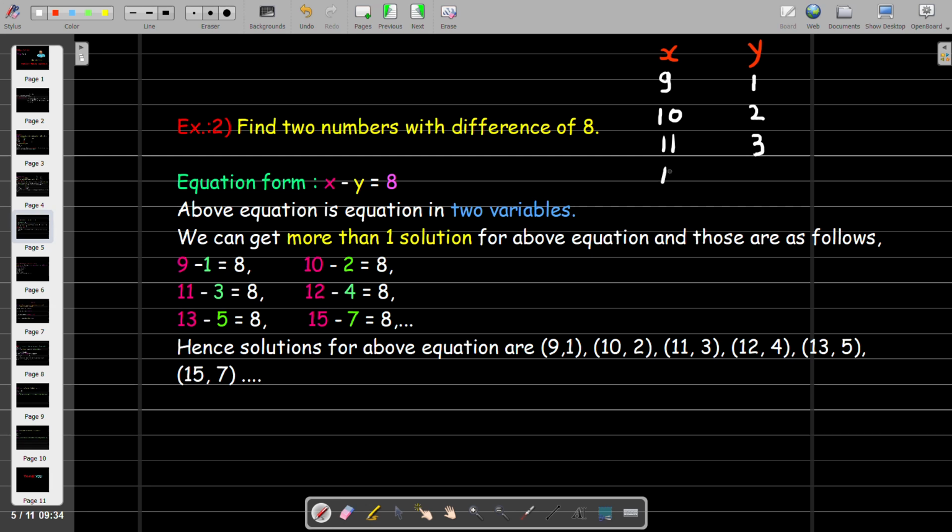If you take the value of x is equal to 12, then we will get the value of y is equal to 4. If you take the value of x is equal to 13, we will get the value of y is equal to 5. Hence, solutions for the above equation are (9, 1), (10, 2), (11, 3), (12, 4), (13, 5), and so on.